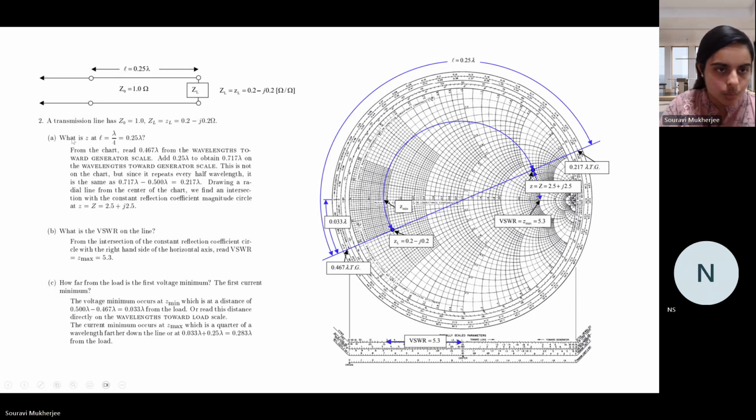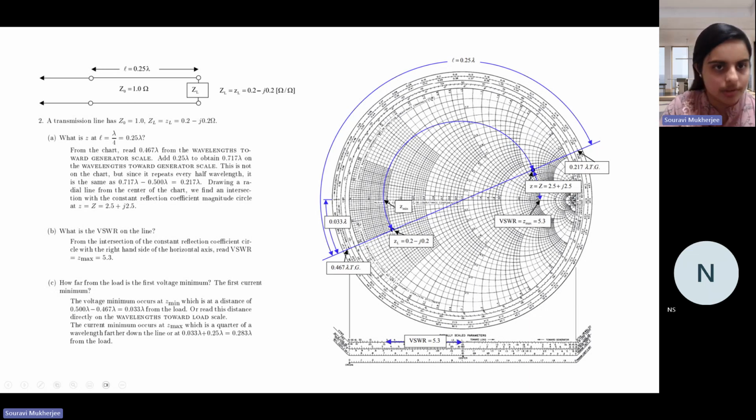Now, what is Z at L equal to lambda by 4? So what is Z at this point? This is similar to what we just discussed, right? If you remember, first locate this point on the Smith chart. In most cases when you use the Smith chart, you first locate the normalized load impedance. So you'll get it somewhere here.